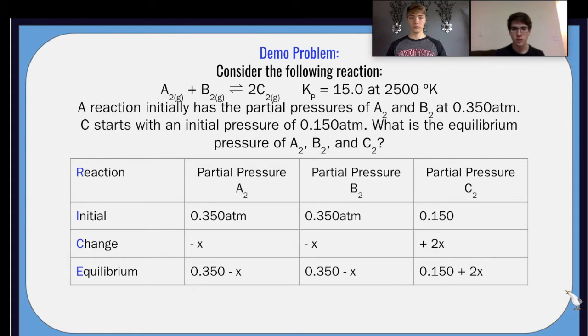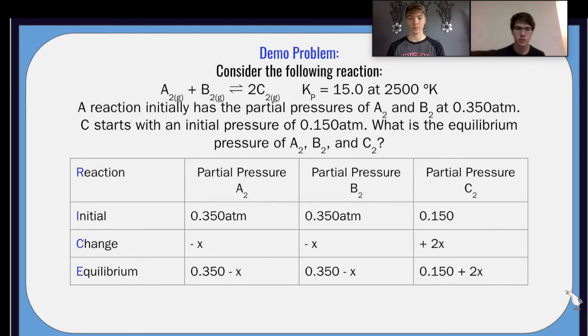The equilibrium constant at this point at 2500 Kelvin is 15. So initially this reaction has partial pressures of A2 and B2 at 0.350 atmospheres, and C2 starts with an initial pressure of 0.150 atmospheres. What is the equilibrium pressure of A2, B2, and C2?